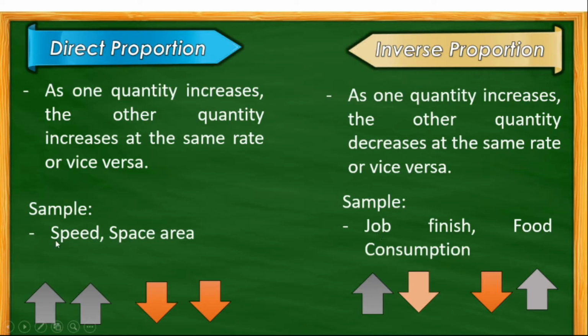So these are samples of problems related to direct proportion and inverse proportion. These are the clue words. So job finish, they can finish the job earlier or finish the job quickly, or food consumption, the food lasts for 2 months instead of 6 months.